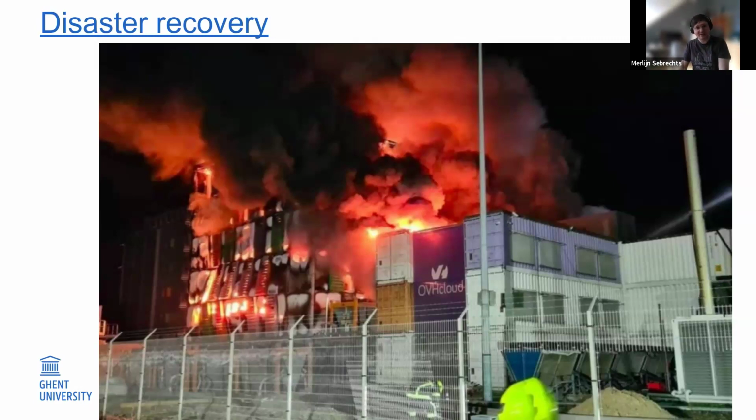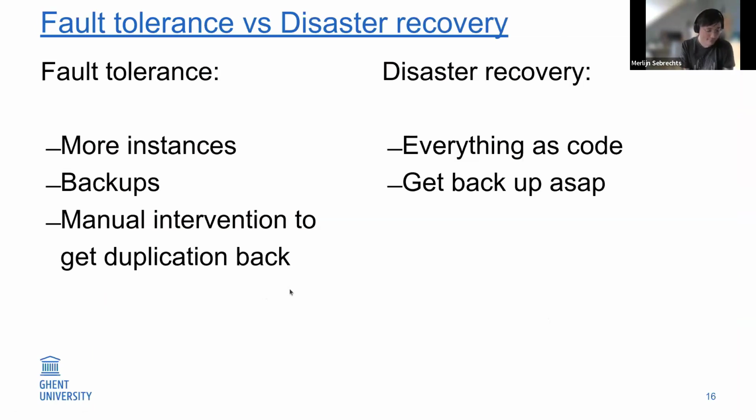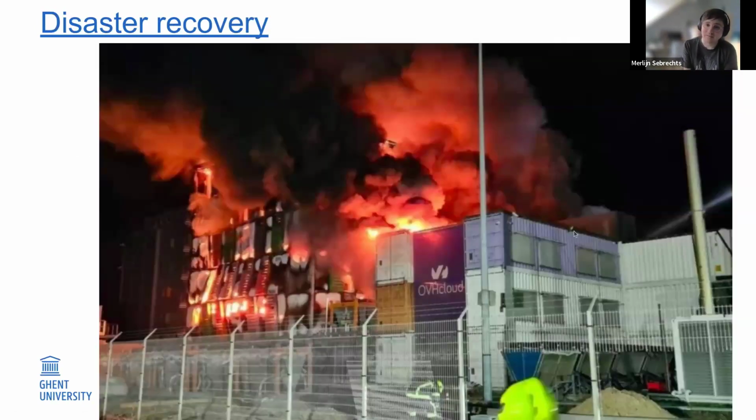However, if you look at this picture of this fictional event, you see that this is the first availability zone of OVH Cloud. This is the second availability zone of OVH Cloud. As you can see, both are actually on fire because they're way too close to each other.